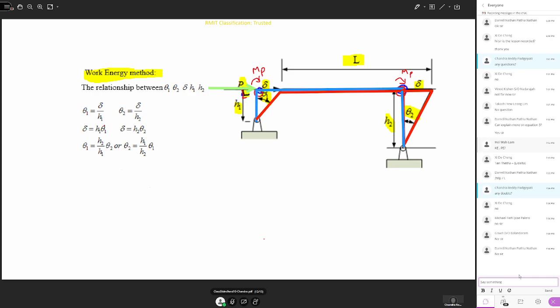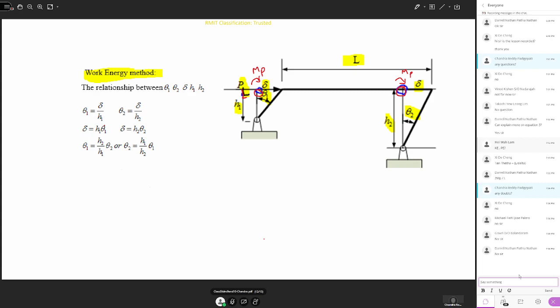The red one indicates when the load increases to plastic load PL. The plastic hinges develop at this point and at this point. These two are the plastic hinges developed and the movements are plastic movements.